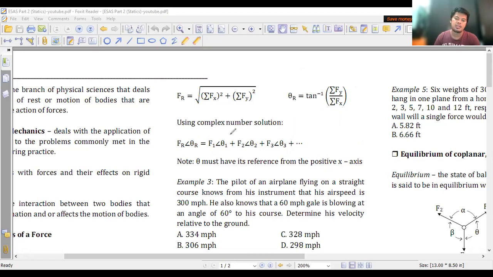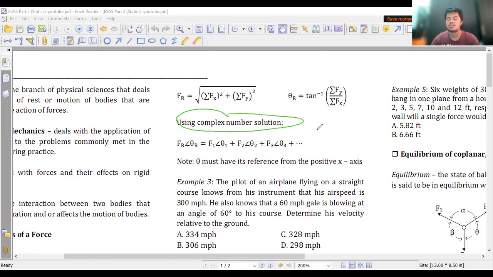Or we can make use of the complex number solution. So basically, you just add the forces in polar form all together.